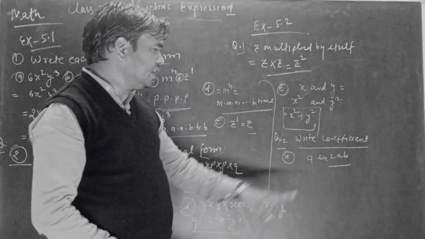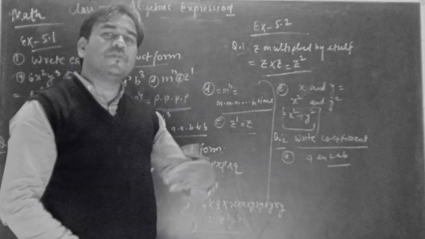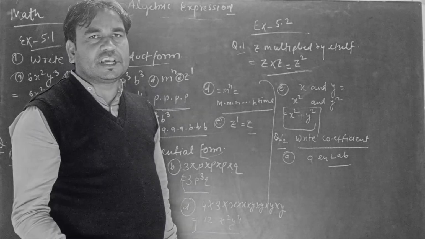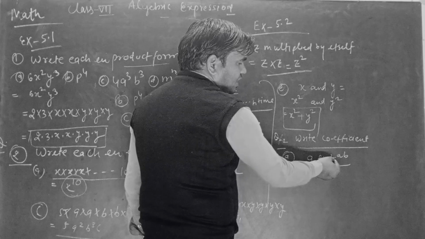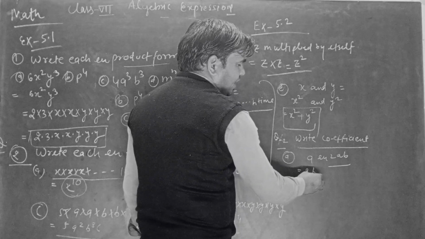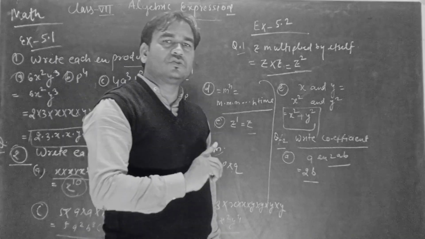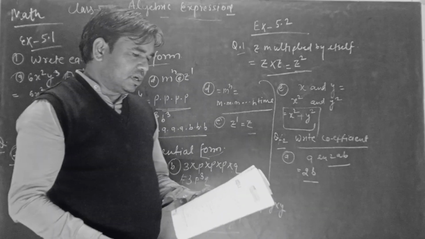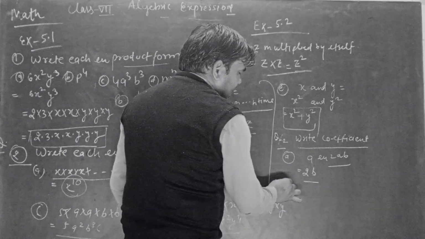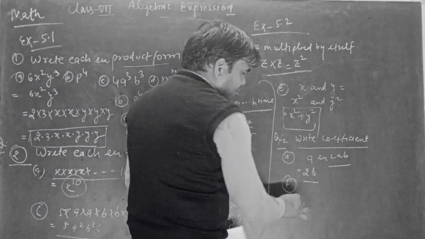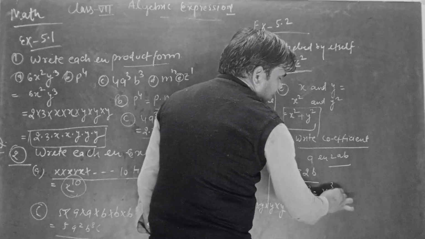So here this is the A, and the remaining part you can say is the coefficient. The remaining part is 2 and B. So the coefficient of A is 2B. In the same way, the F part: x cube equals x cube plus 1.